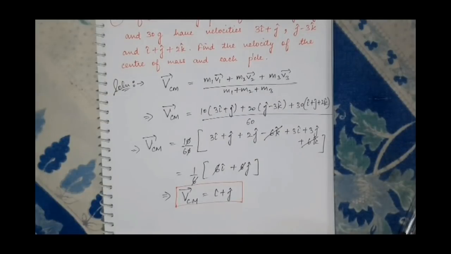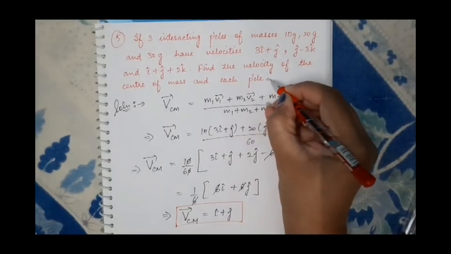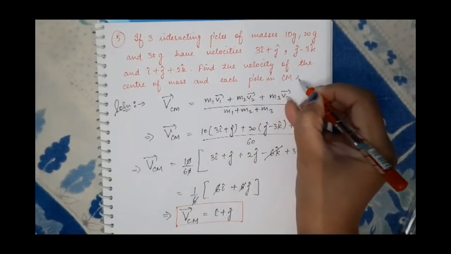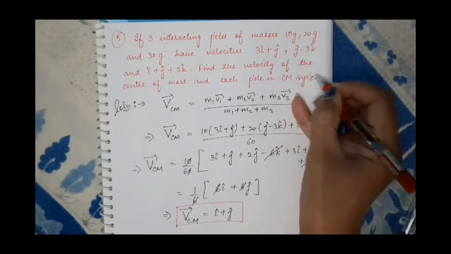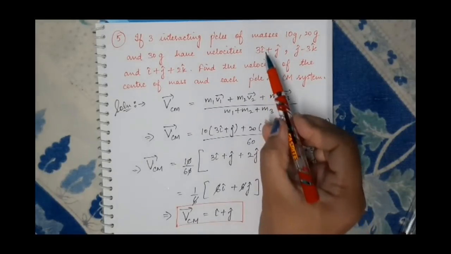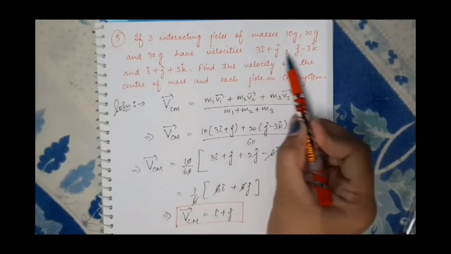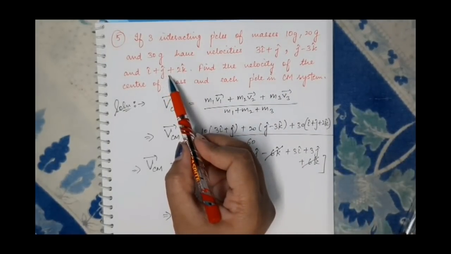So next we have to calculate the velocity of each particle in center of mass system. Actually, there are 2 systems which we will study in our next chapter on elastic and inelastic collisions: one is the lab system, another is the center of mass system. These are the velocities with respect to the lab system.